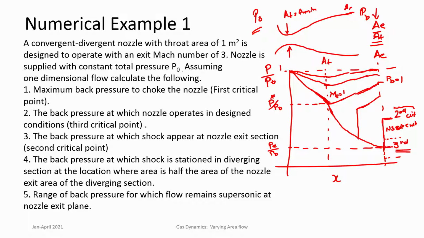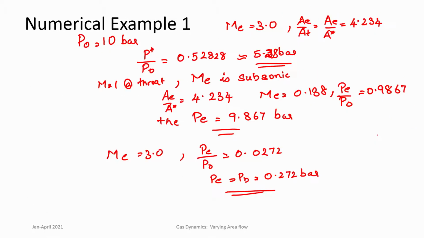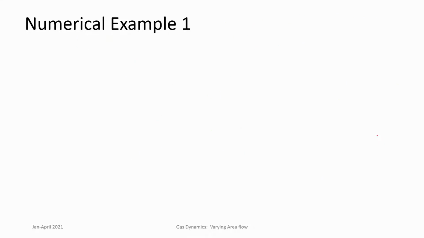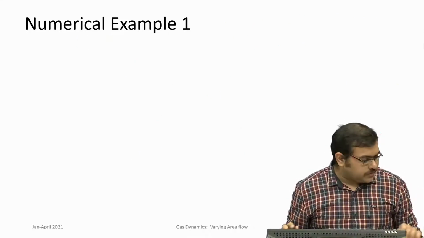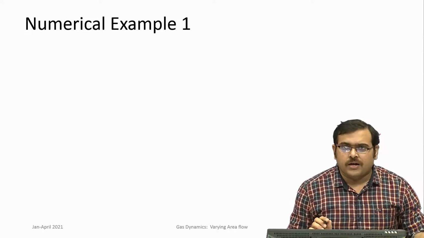So at the exit, the flow is subsonic. When flow is subsonic at the exit, then the pressure at the exit will match the back pressure. So that pressure we have to find out.